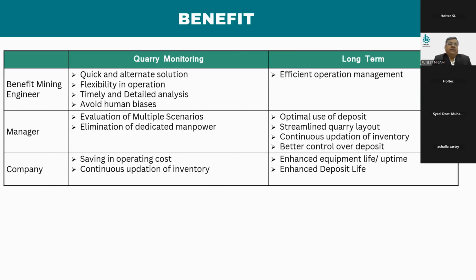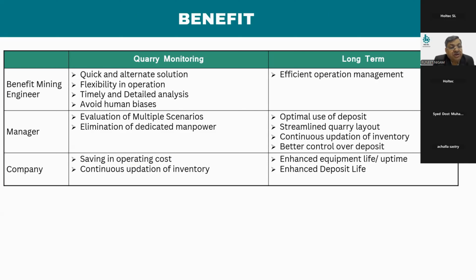Now, what benefits are we getting? We are getting them from the quarry monitoring and from the long-term monitoring. At each step we are getting an advantage, from mining engineers to plant people to the company management. In the quarry monitoring, the engineers get quick and alternate solutions. They are flexible in operations.